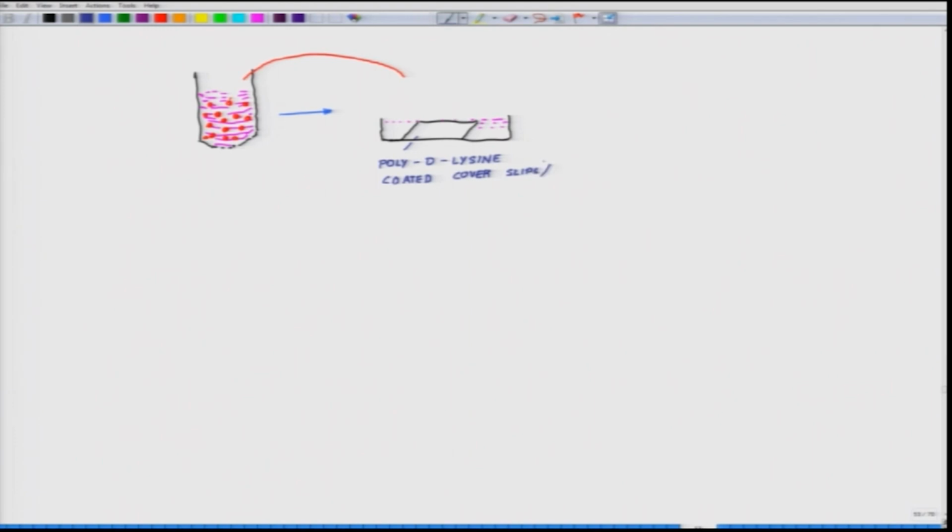Now on this you take a small amount of suspension first, and try to plate the cells like this.